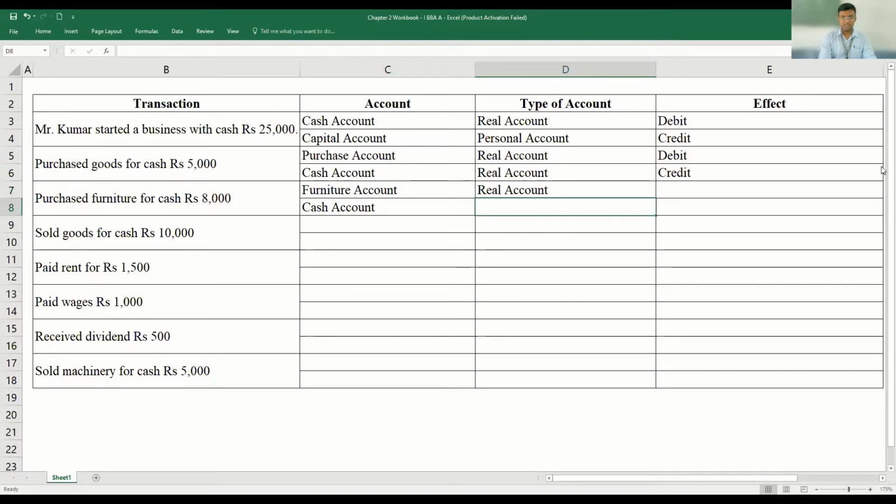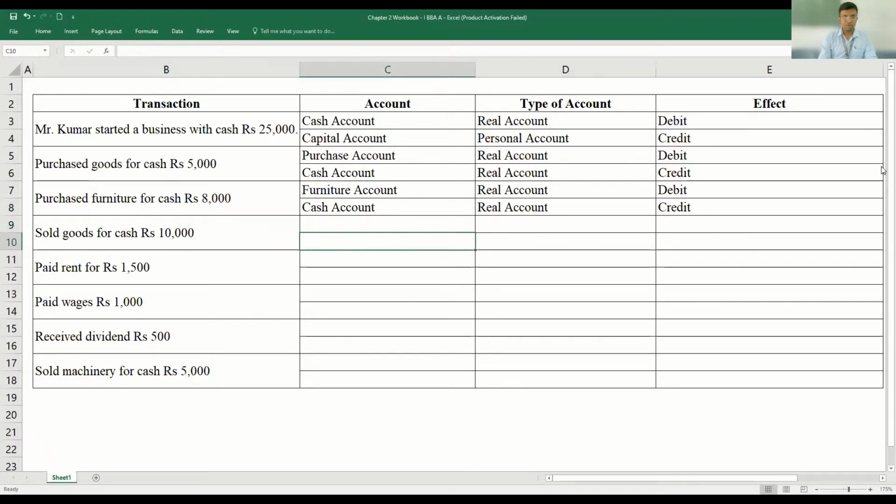This is real account. Cash is what type of account? Again, real account. When you buy furniture, what is happening to the furniture? Furniture is coming into the business, so you will debit furniture. Now, when you buy furniture for cash, cash would be obviously flowing out. So you will credit this.